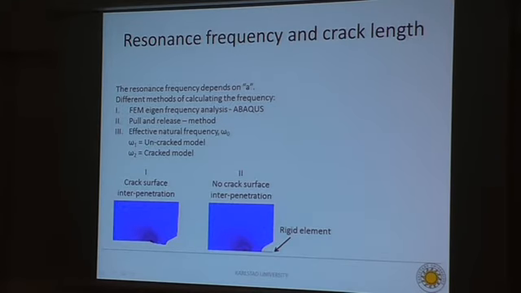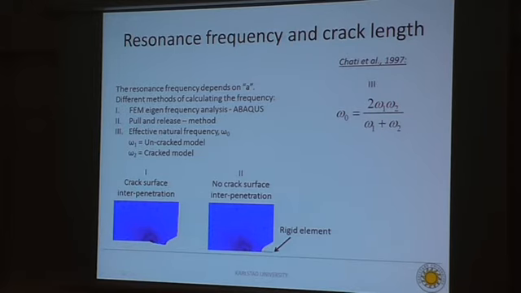So we tried another method, which is the calculation of effective natural frequency, modeled by Schottky and his co-workers. It's about calculating an average value of two different resonance frequencies, omega 1 and omega 2. Omega 1 is the resonance frequency of an uncracked specimen, and omega 2 is the resonance frequency of the cracked specimen with a specific crack length.